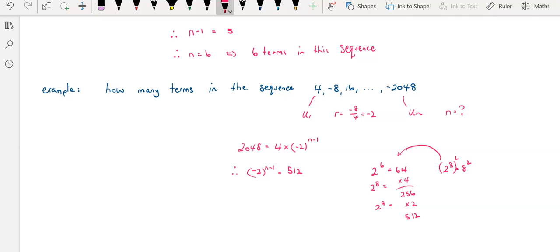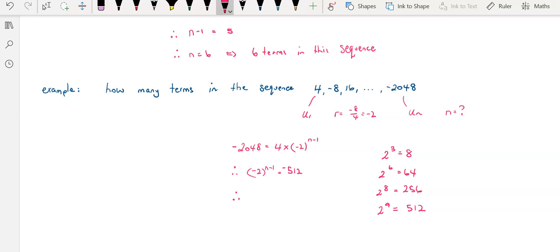So I therefore need 2 to the power of... is that right? Yeah, I thought I'd done something wrong here. I've left the negative off my equation down here. So it's negative 512, this looks better.